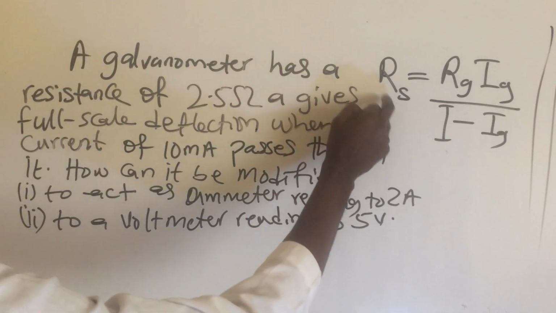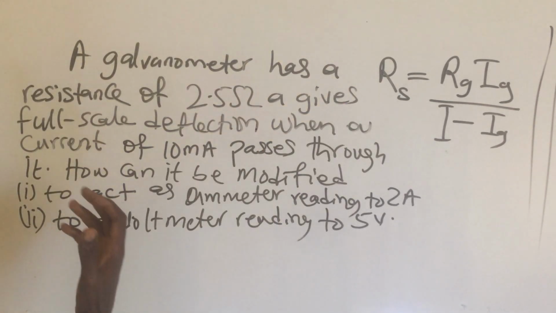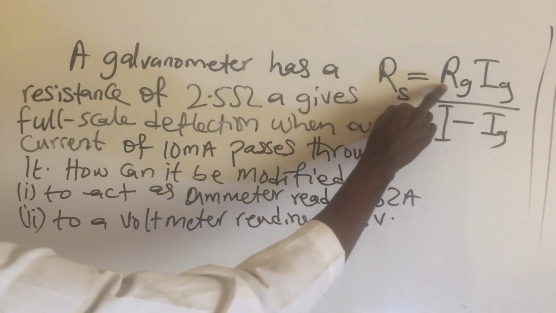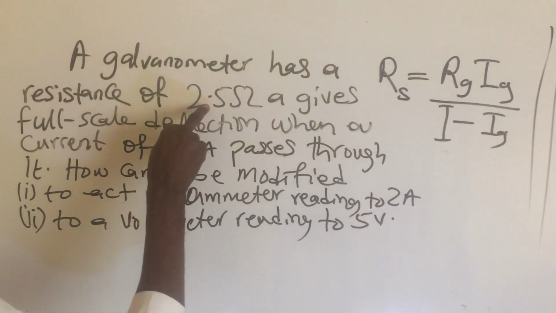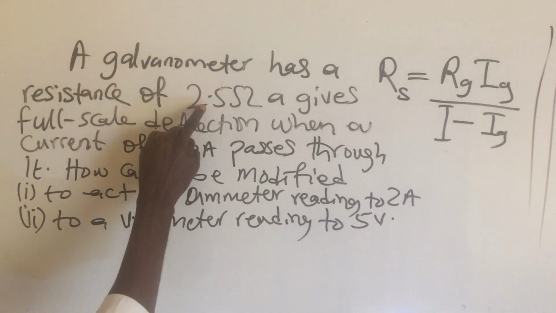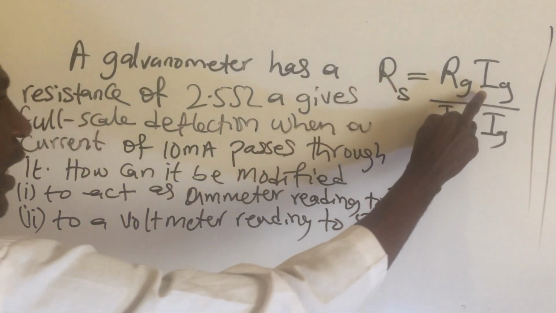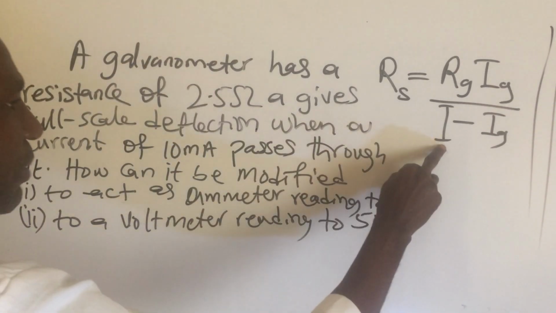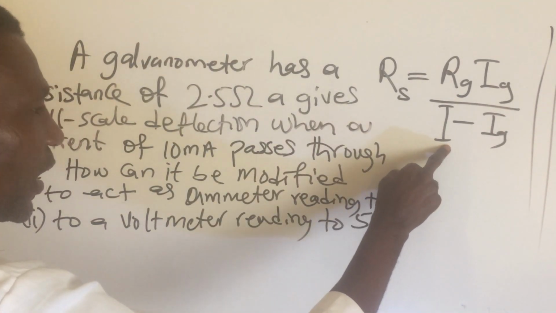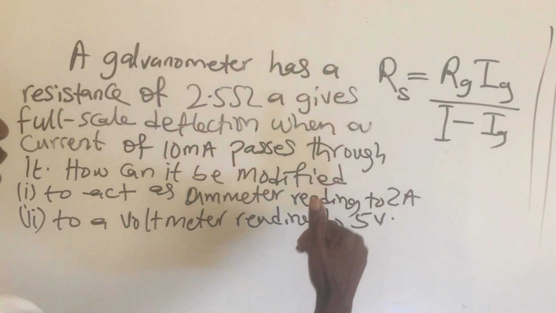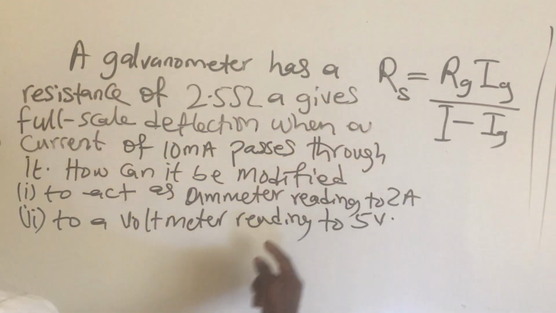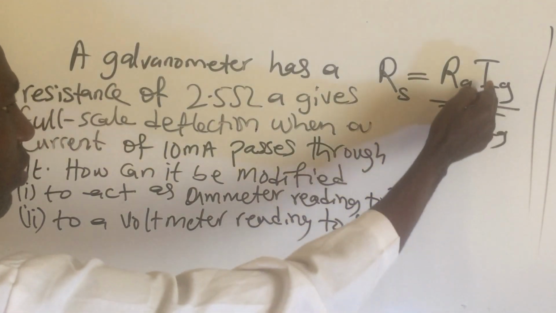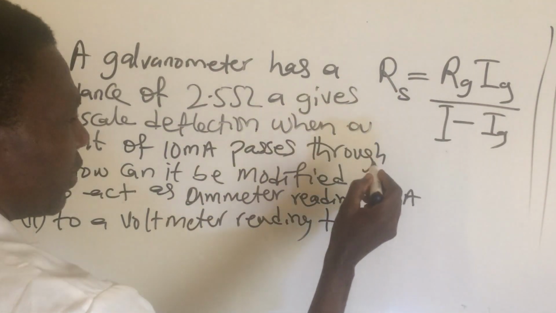So Rs stands for the shunt resistor we connect in parallel to convert it to an ammeter, while Rg stands for the resistance of the galvanometer, which is 2.5 ohms. Then Ig stands for the current of the galvanometer, which is 10 milliampere. Then the main I here is the main current that we want to measure when we finally convert it, 2 ampere, minus the same current of the galvanometer.